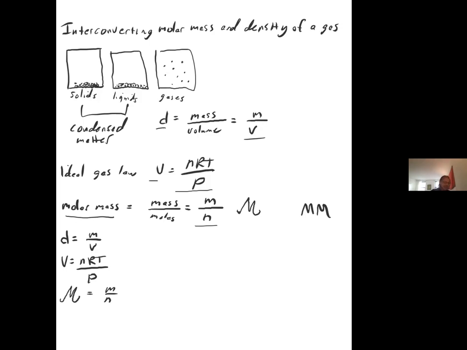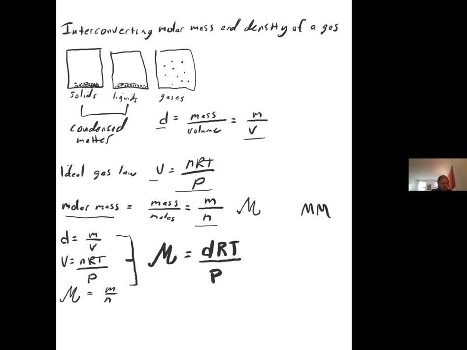So what we do is we essentially just substitute. We combine these 3 together, just like we did with the ideal gas law. We combine those 3 gas laws to get that. And so when you do this, what you get is that the molar mass of a gas is equal to the density of the gas times R times T divided by the pressure of the gas. And that's pretty useful because it says if you can measure the density of a gas, measure the temperature, measure the pressure, you can figure out what the molar mass of the gas is, and you can actually use that to identify the gas, right?